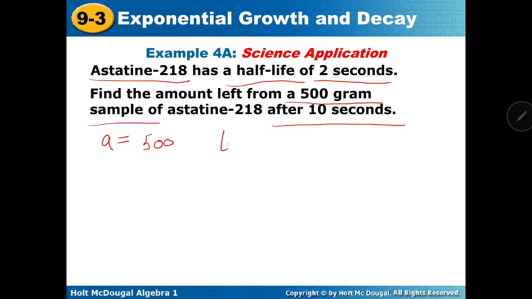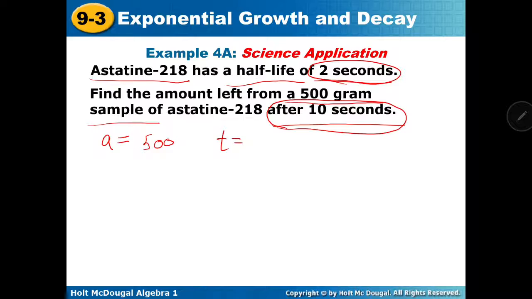But what is T? This is the point. This is the different thing here in this example from other examples. T is not given directly. I can get it from two statements. Look at it. He says here the half-life is 2 seconds, so it loses half of its mass in 2 seconds.